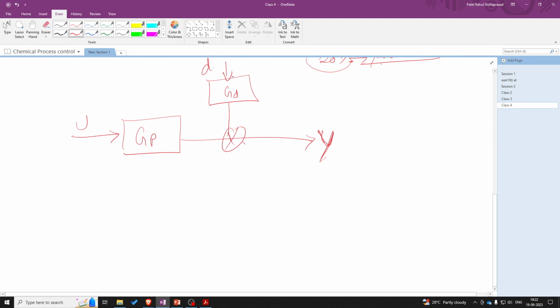So the disturbance will have the transfer function GD, and the process will have the transfer function GP. So basically the output will be the combination of both of these inputs, that is the manipulated input and the disturbance. So this becomes the block diagram for open loop.